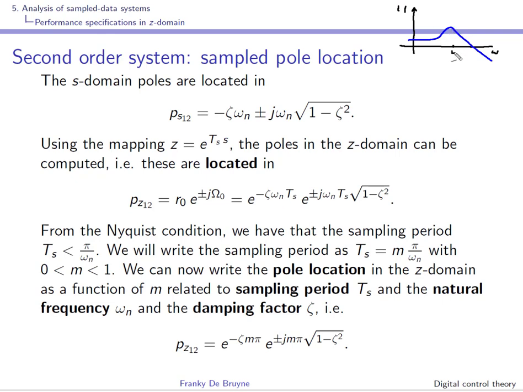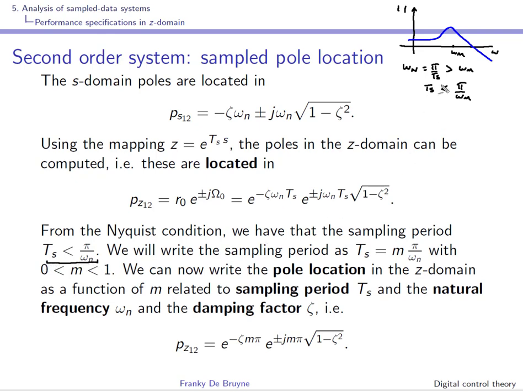So this is omega n, and if you want to pick up the dynamics accurately, you should choose the Nyquist frequency, which is pi over Ts, larger than the natural frequency of the system. This means that you have to take Ts smaller than pi over omega n. Okay, this is what is written over here.